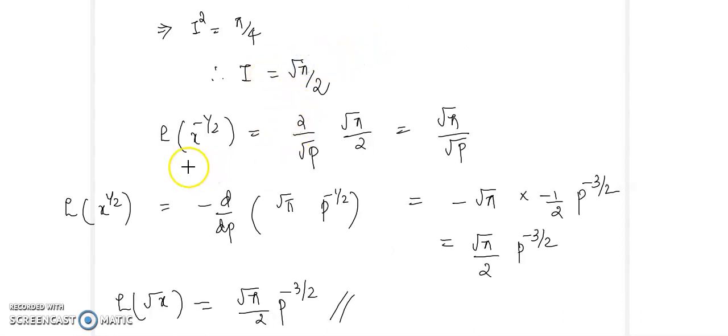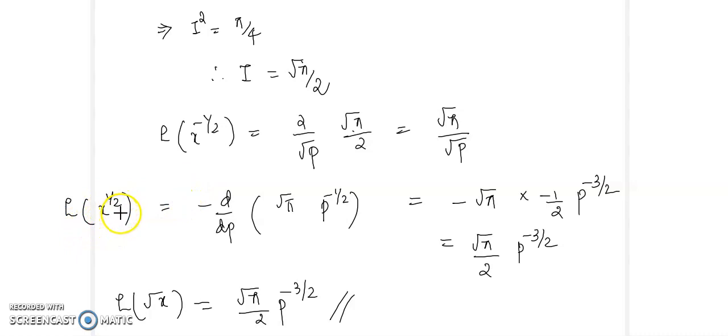Okay. We started with L of x raised to 1 by 2, when we took that the integral I came. So L of x raised to 1 by 2 was 2 by root p I. So value of x raised to minus 1 by 2 will become root pi by root p, and we need to find L of root x.